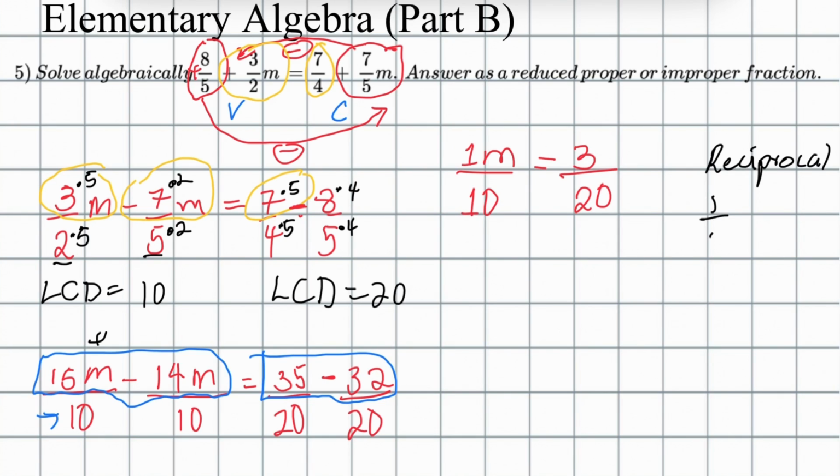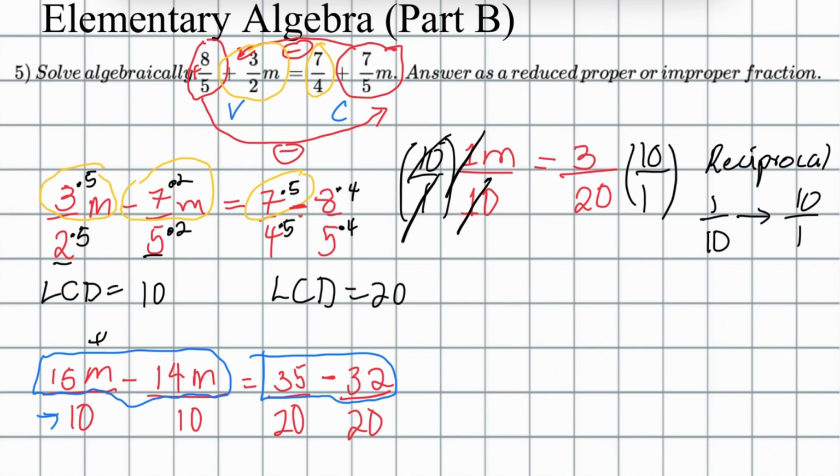I apologize, that's supposed to be a 10. The opposite of this is 10 over 1. So we're going to multiply the whole equation by 10 over 1, which stands for eliminating this here. And now we have kept m by itself.